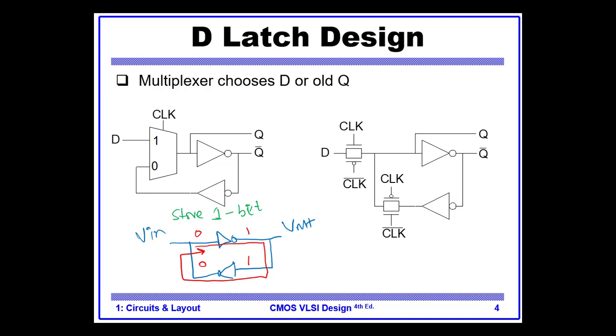Obviously this is a very poor circuit for storing 1 bit, but it is good just to illustrate the concept. So you can store a bit using feedback. Feedback is the main concept that is used when you want to store a bit.